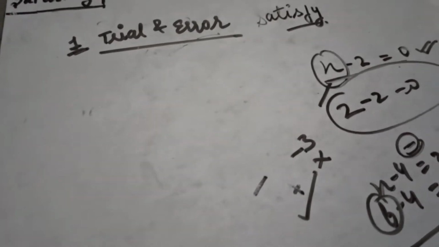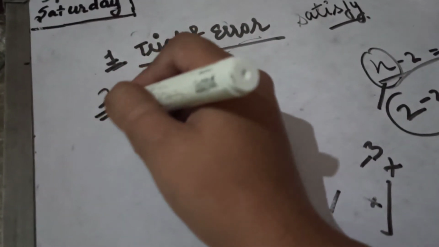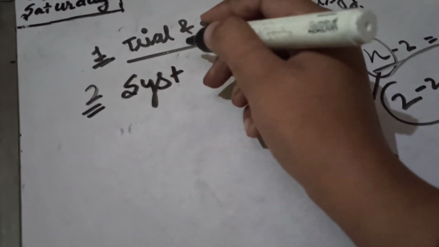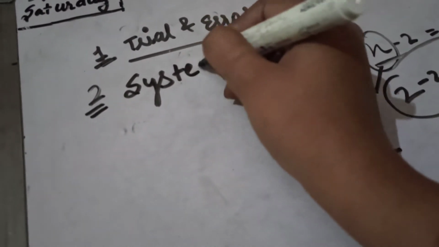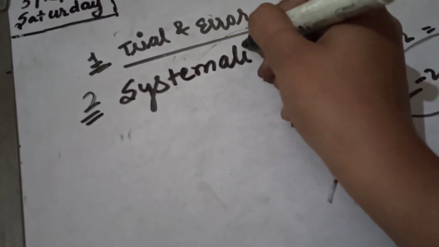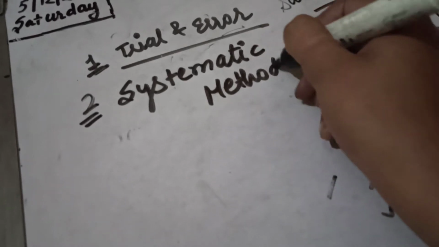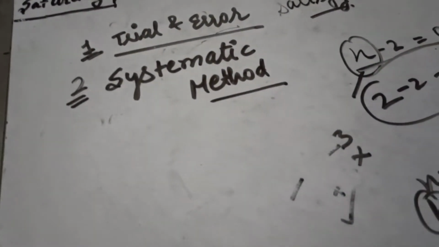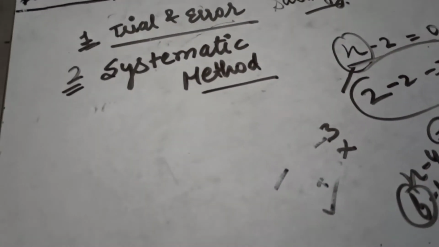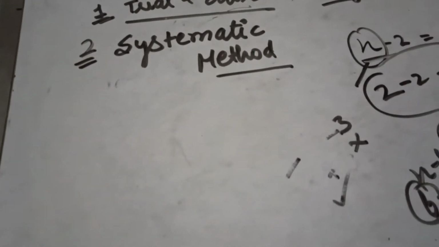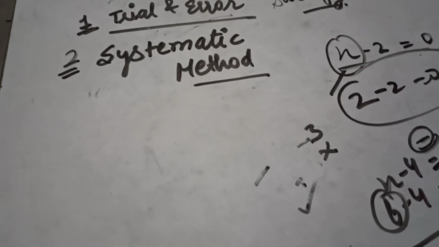What is trial and error? The second method is the systematic method. In this method, see, the name will tell. Systematic means in the proper way, where you will solve the left and right hand side both together.